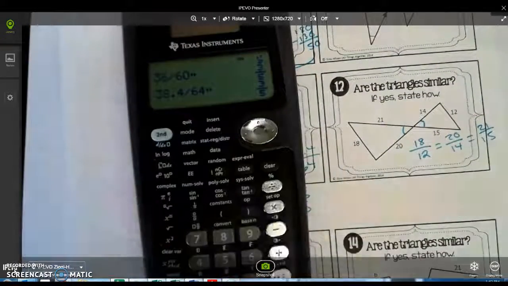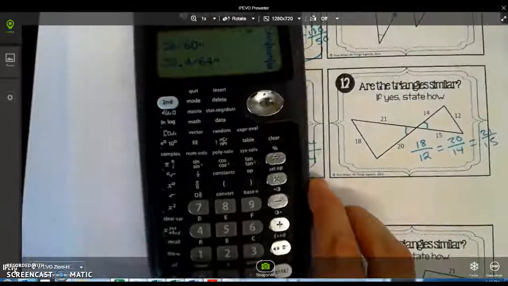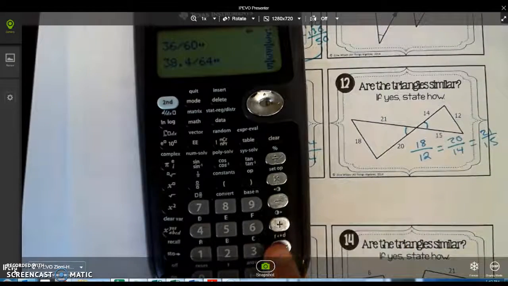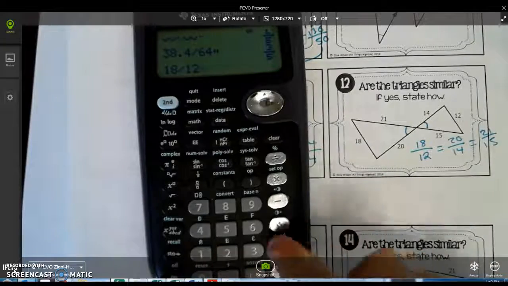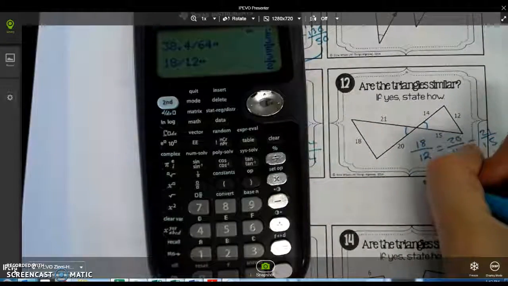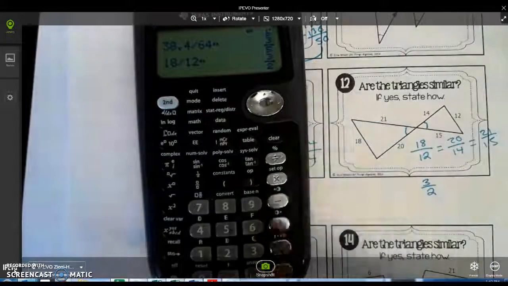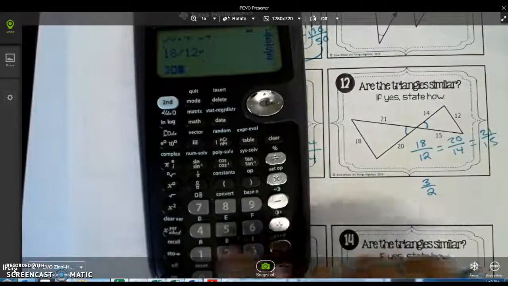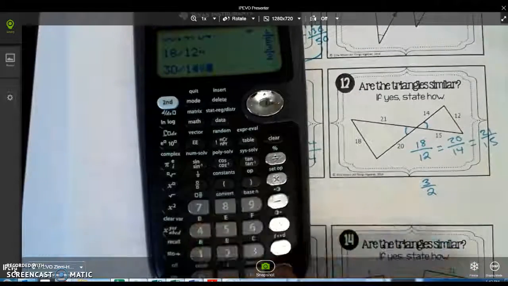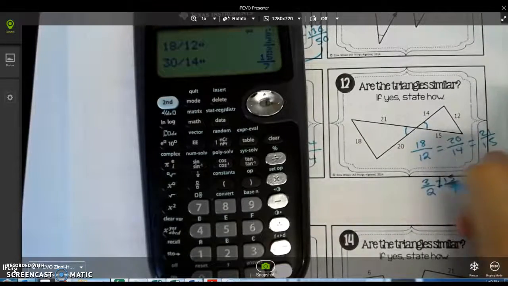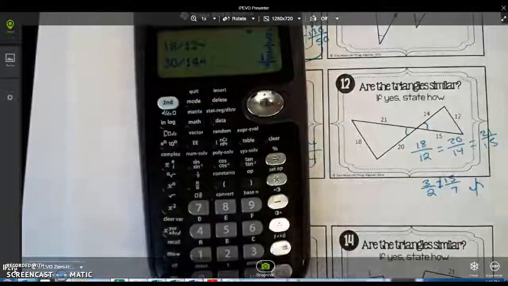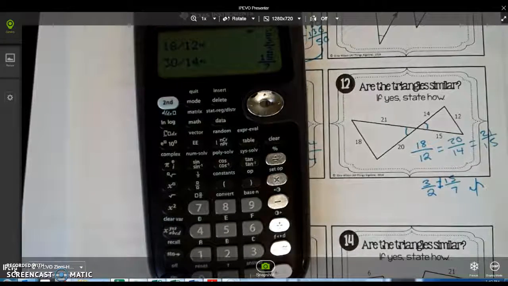I'm just going to keep doing this because I know y'all are going to want to do it this way. The button I'm pressing is right here, right? 18 divided by 12 reduces it for me. That's 3 halves. 30 divided by 14 reduces it for me. That's 15 over 7. Those are not equal, so I can go ahead and say it's not similar. Right. I don't have to show anything else if I've already come to that point.